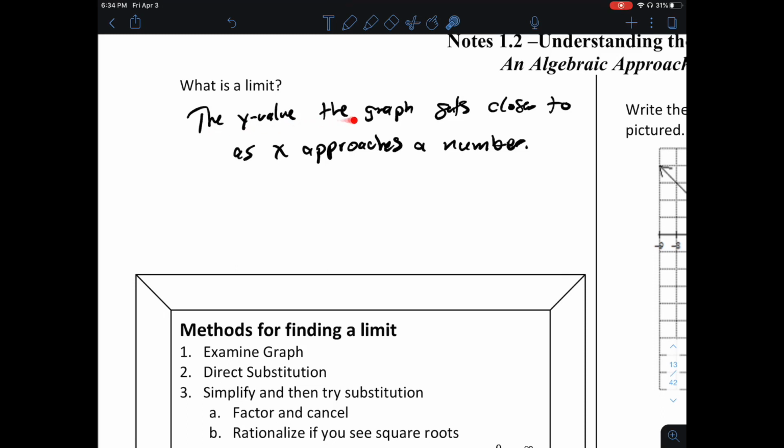Notice it doesn't say the y value the graph is. It's getting closer to. It's becoming closer and closer and closer. Technically, it never actually gets there.